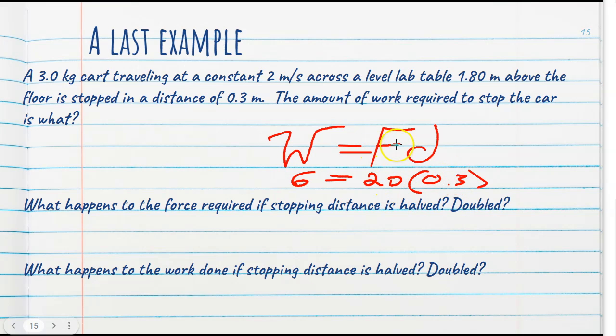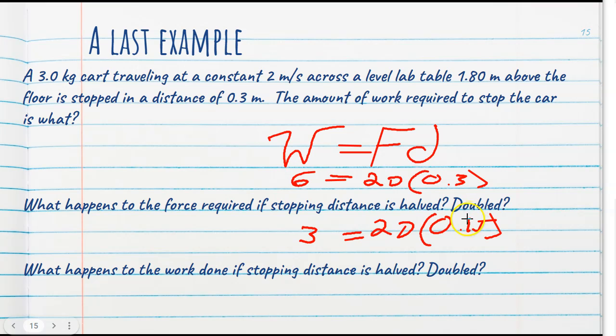So now we're keeping force constant, and we're seeing what happens to work as we change our distance. So now let's halve the stopping distance. So we still have 20 newtons for the force, and then half of 0.3 is 0.15. 20 times 0.15 is going to be 3 joules of work.